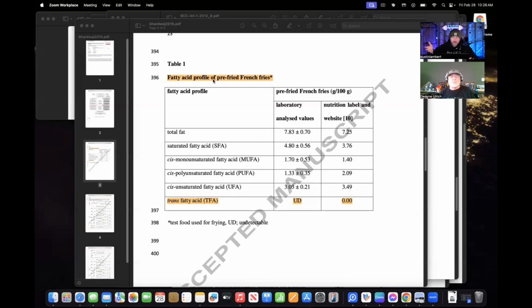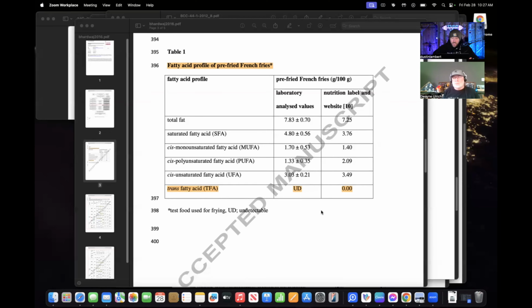When you work at the fast food restaurant and you get orders for fries, you get those frozen fries out, you dump them in the basket, it goes in, you hit the button, and it has an automatic timer on it. Looking at our pre-fried French fries, the trans fatty acid formation is 0. It's undetectable. So that's good news for French fry eaters.